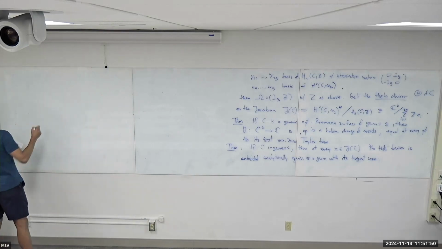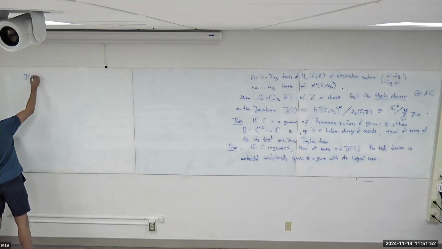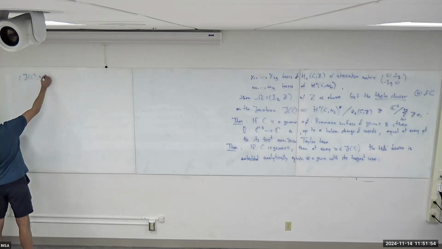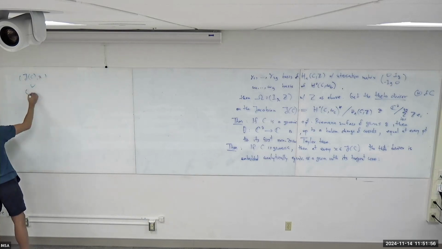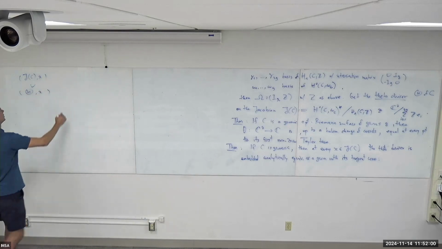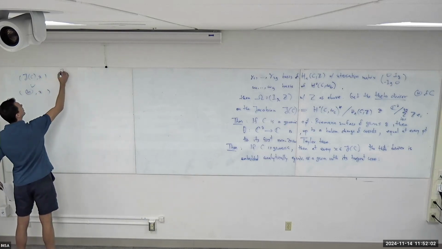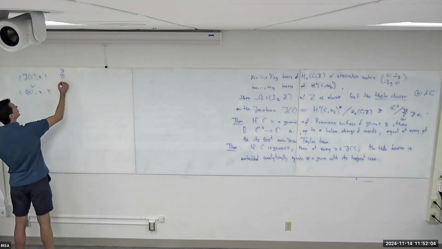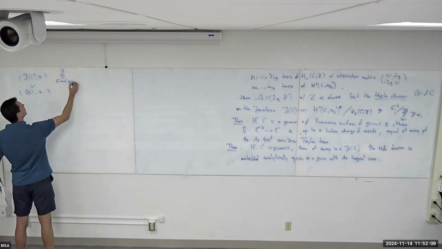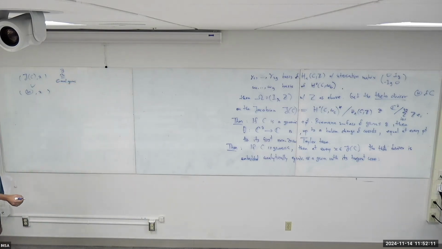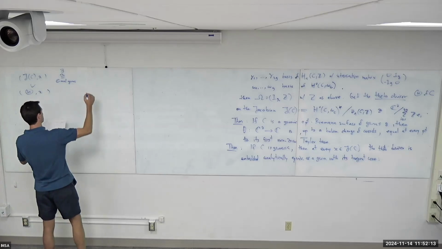So what do I mean by that? You have a point on the Jacobian, and it's also a point on the Theta Divisor, otherwise you cannot think about trivial things. And there exists an isomorphism of germs of the ambient space with the tangent space, of course.